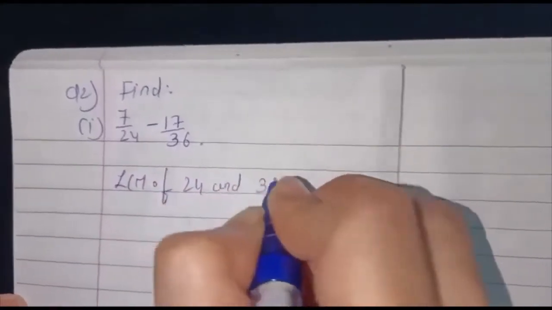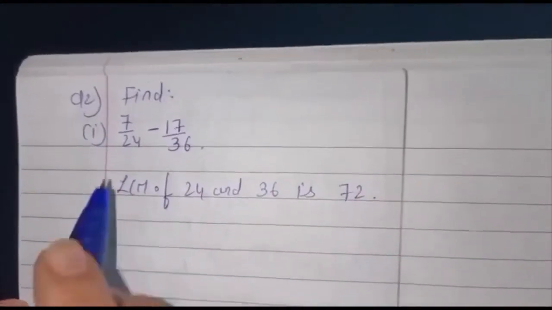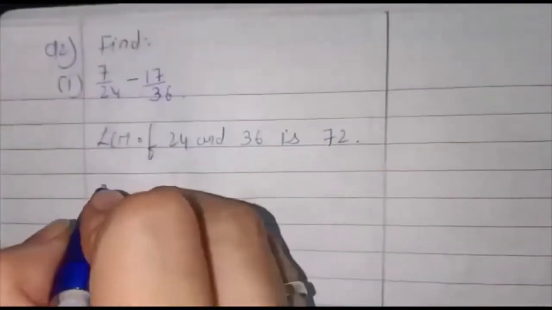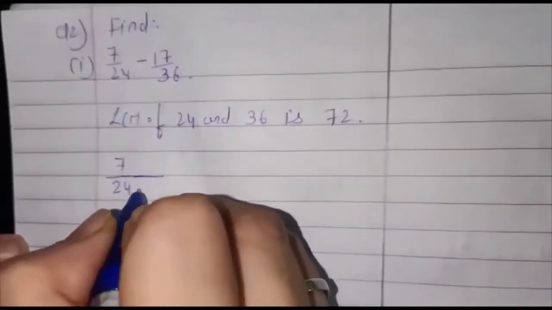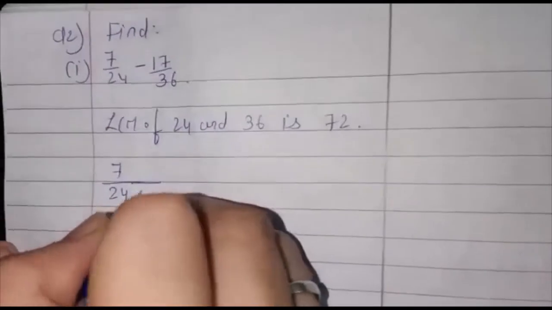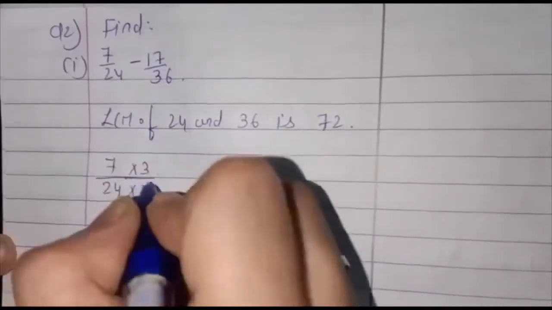So first we will take LCM of 24 and 36. So LCM of 24 and 36 is 72. So we need to make the denominator 72. So first we will take 7 upon 24. I will multiply with which number? 3 to get 72. Down 3, up also 3.